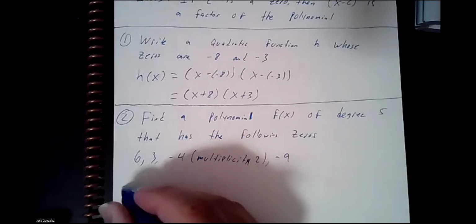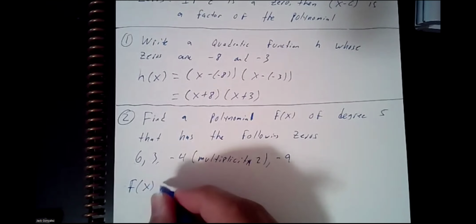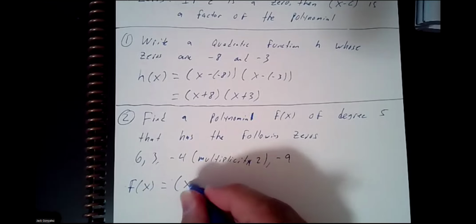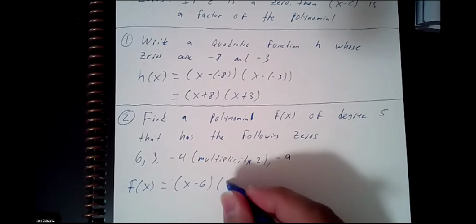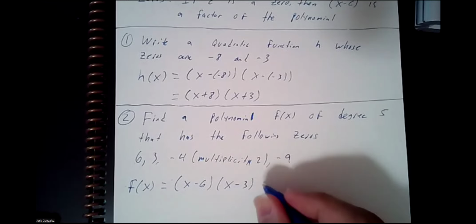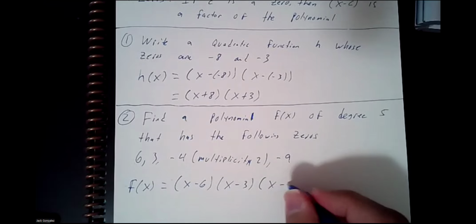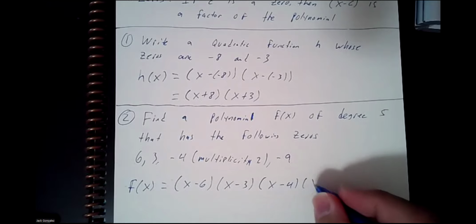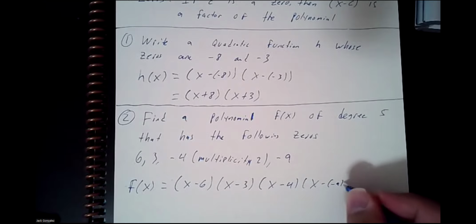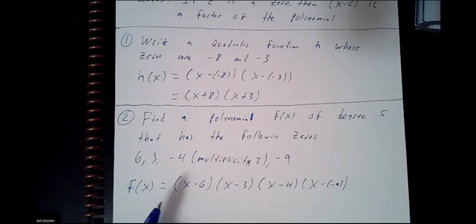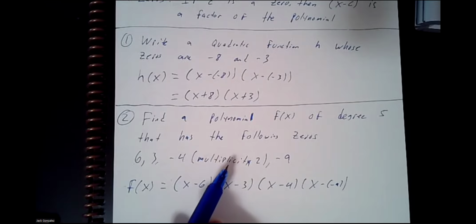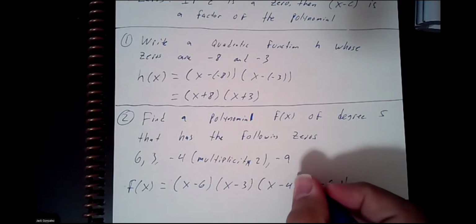So we said we're going to call it f of x. So for each zero, x minus each one will be your polynomial. But remember, this is multiplicity 2, so whatever the multiplicity is will be the power.